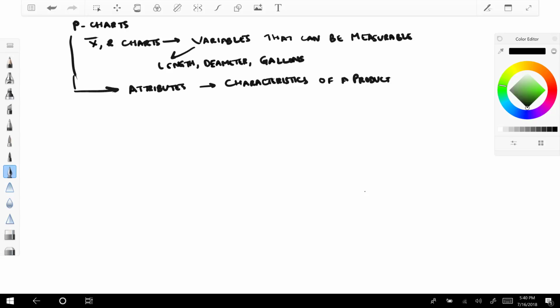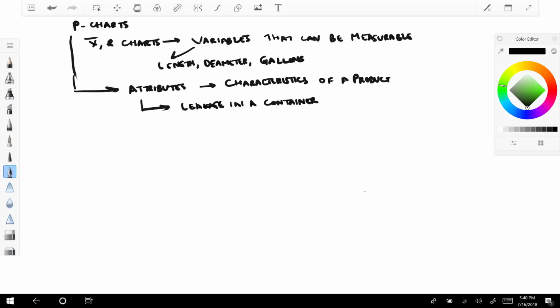For example, if we want to measure leakage in a container, we will use a P chart.